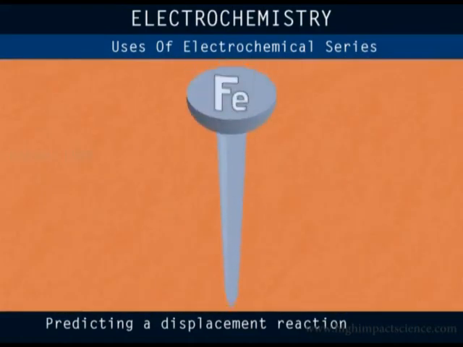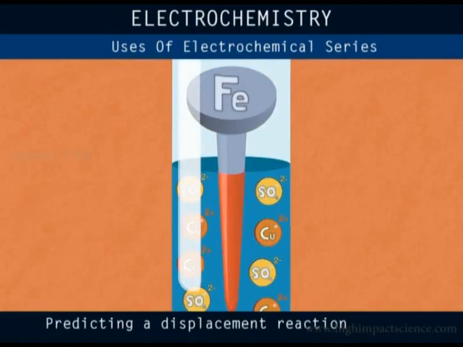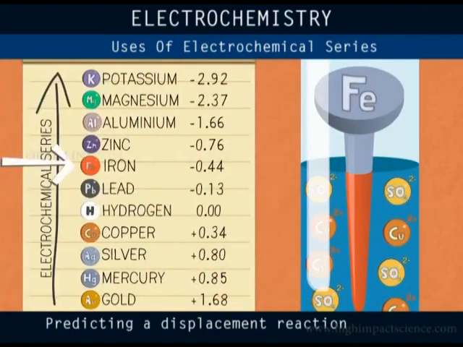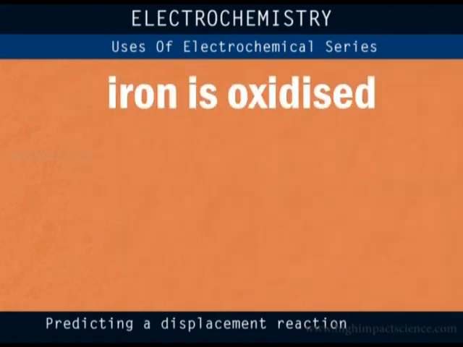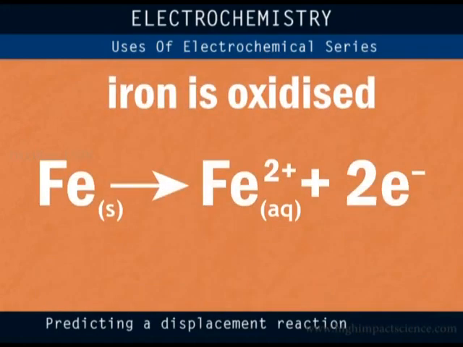So why did the iron nail form a copper coating in a solution of copper-2 sulfate? Iron is higher in the electrochemical series, so it gave away its electrons to the less reactive copper-2 ions in the solution. The iron is oxidized as shown here.